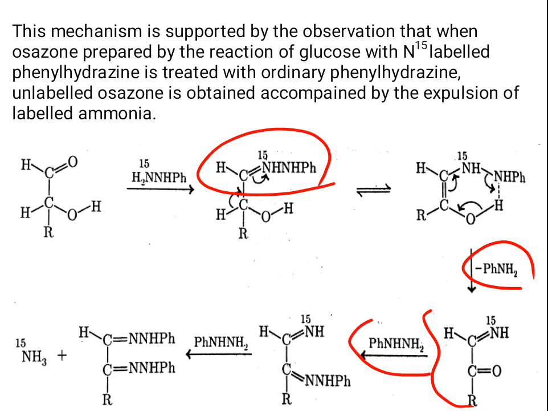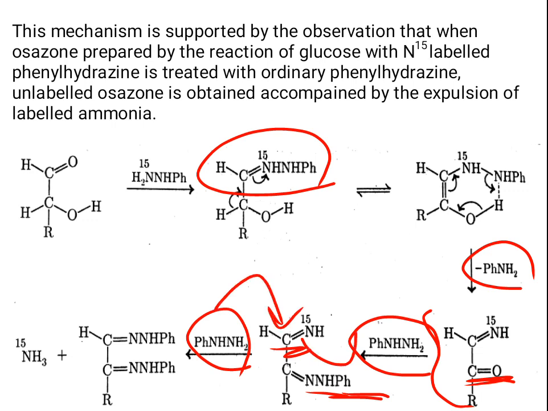Then another molecule of unlabeled phenyl hydrazine will attack here and form this, and another molecule will attack at this carbon, and this NH group will be expelled, becoming NH3.